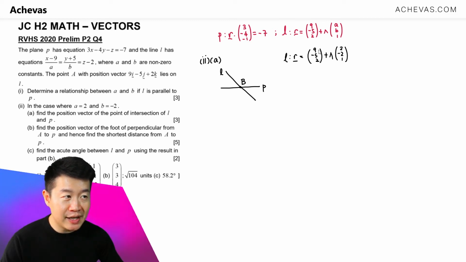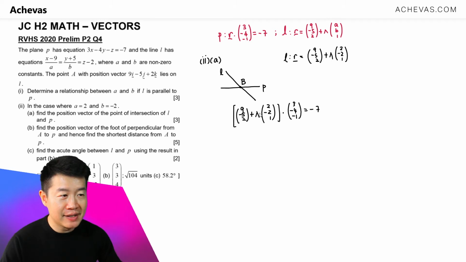So I'm going to substitute this entire expression into the r of P with an attempt to solve for the specific value of lambda. Which means that I'm going to take (9, -5, 2) + lambda (2, -2, 1) and put this into the r of the equation of the plane P. So this dot (3, -4, -1) is equal to -7.